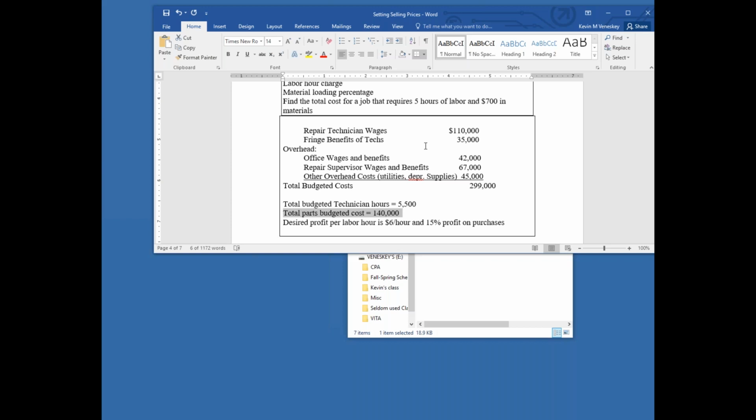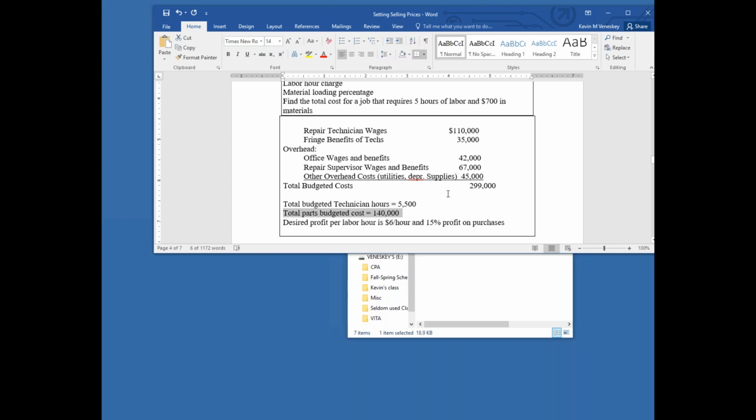So that's how this company has decided to allocate their overhead. Depending on how many parts you add to your car, that's how I'm going to allocate overhead. The one thing the company has to do before they even start is determine how much in total parts they are going to buy this year. This company has decided they're going to buy $140,000 in parts.